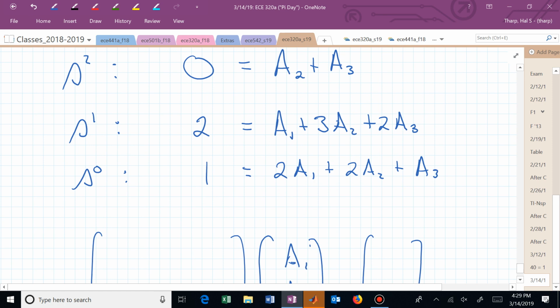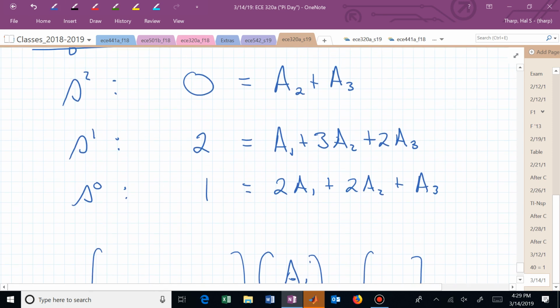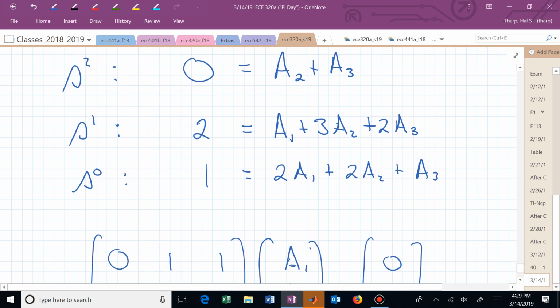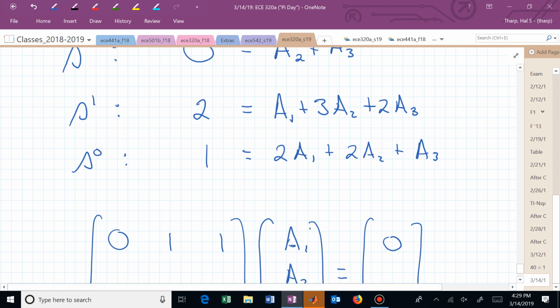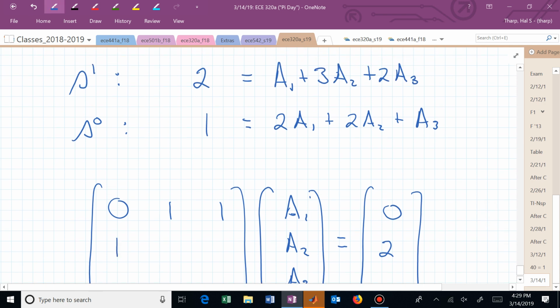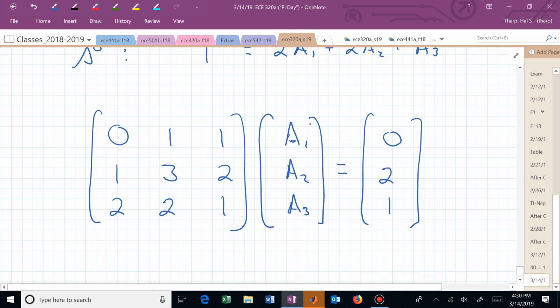So now my first row, I could say, is A2 plus A3 equals 0. That's the first equation. The second equation says it is equal to 2, and that was A1 plus 3A2 plus 2A sub 3. And finally, it should equal 1, and this is now 2a1 plus 2a sub 2 plus a sub 3.